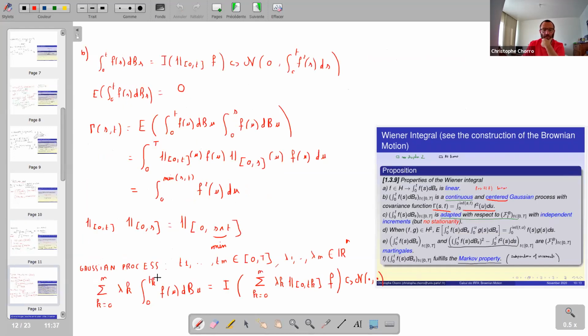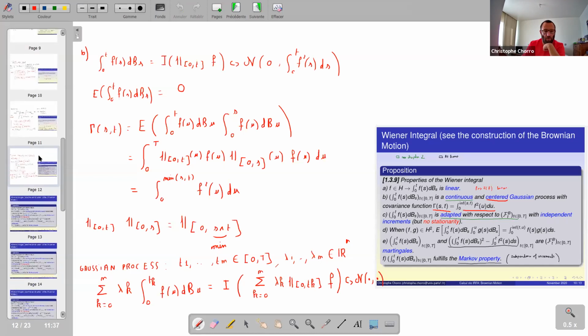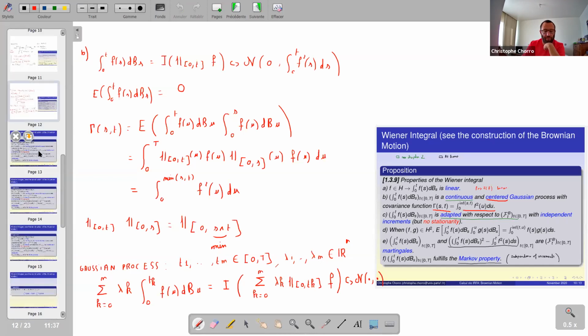So in particular, this term that I can express as I of something follows a Gaussian distribution. Okay, so it's the job for small b. I have a Gaussian process that is centered and with a variance covariance function equal to the integral between 0 and the min between s and t of f square of u du.